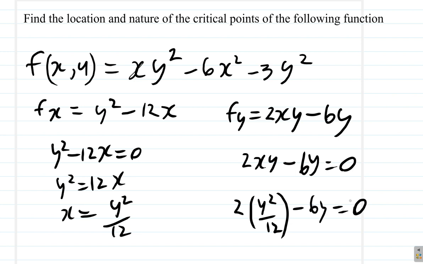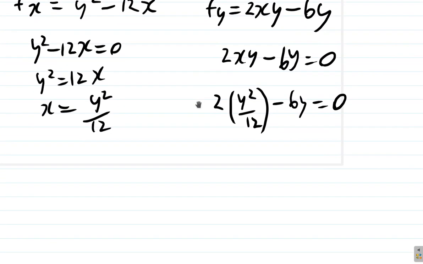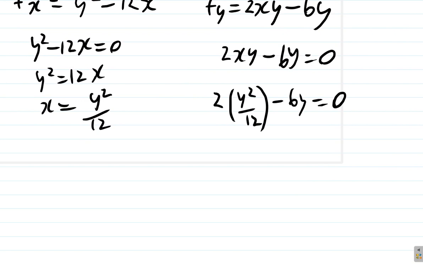Now, after that, let's do some simplification. 2 into 2, 1, 2 into 12, 6. So I have y squared over 6. Oh, there was a y. I left off this y here. Times y minus 6y equals 0.